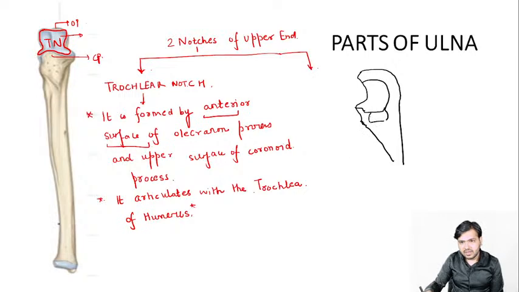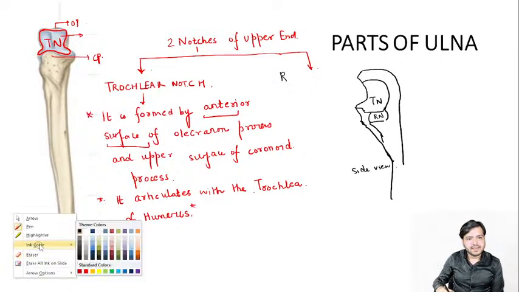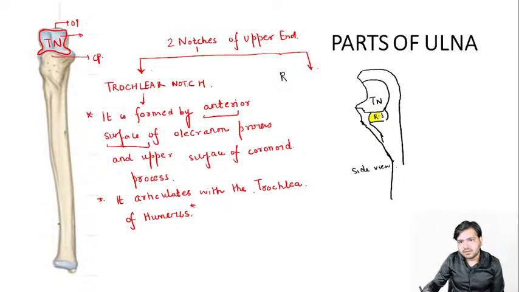Meanwhile, you just draw the diagram of this particular structure, and remember that over here you will find the radial notch, just below the trochlear notch in the side view. The radial notch, the one I am highlighting in yellow, is just below the trochlear notch in the lateral view.